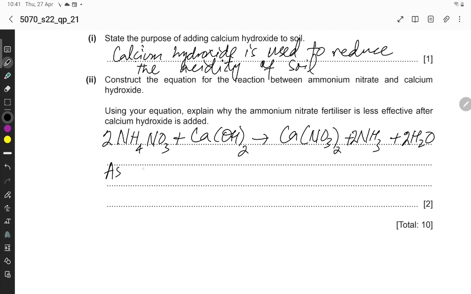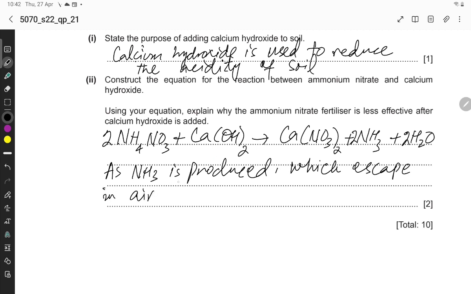As ammonia is produced, which escapes into the air, the soil becomes deficient of nitrogen.